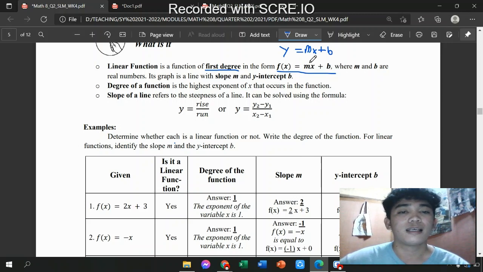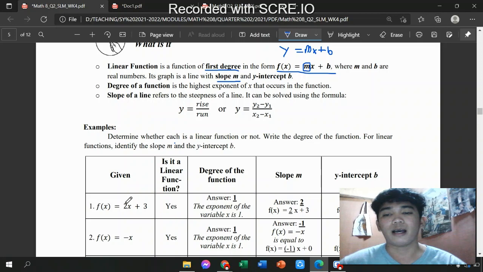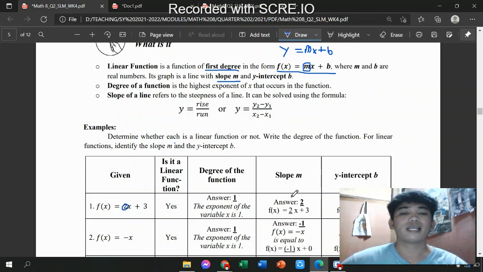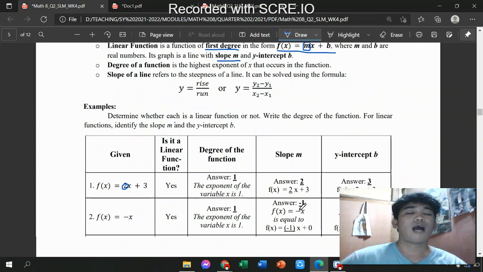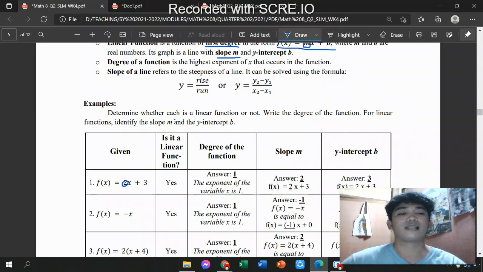Ang m ani, ang m mao na ang atong slope. So asa man ang atong m? Ang atong m kay kanang 2, di ba? So 2 is our slope. And our y-intercept b is 3. Okay. Y equals mx plus b man, b. So this is our b. So our y-intercept b is 3.